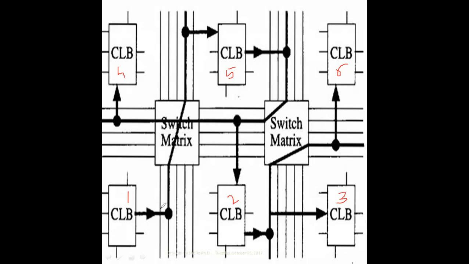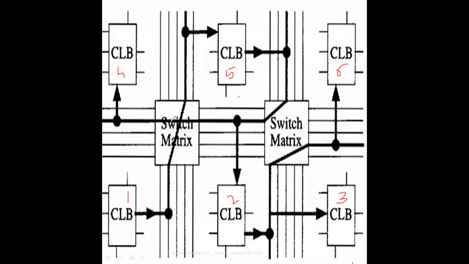First, I want to communicate. I have to connect from CLB1 to CLB5, CLB4 and CLB2. For that, I have used line 2 from the switching matrix.